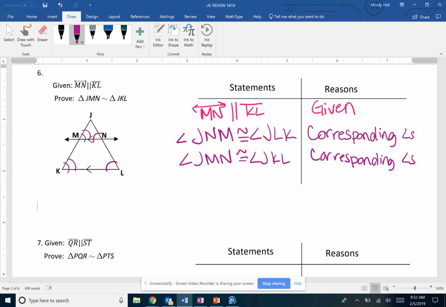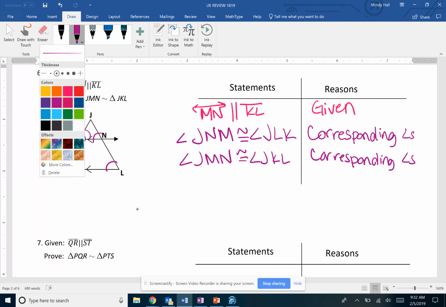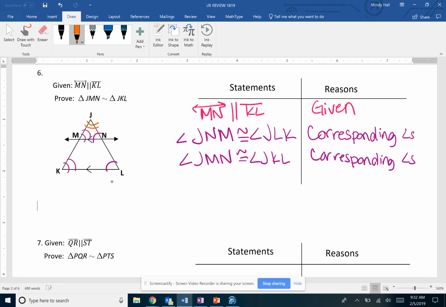Now, technically, there is a third angle that you can prove. So for the sake of just you guys being aware, we would have angle J is congruent to angle J because of the reflexive property of congruence.